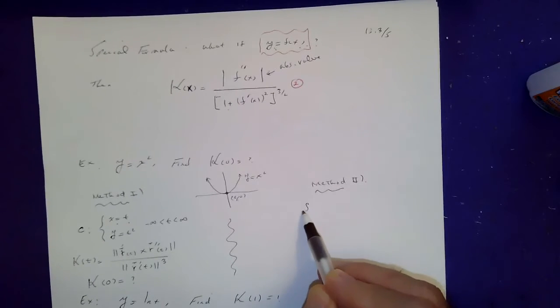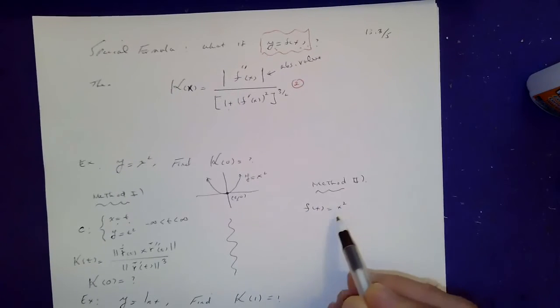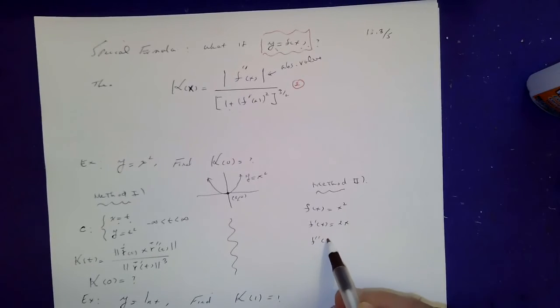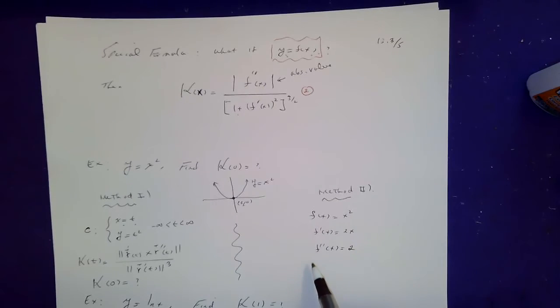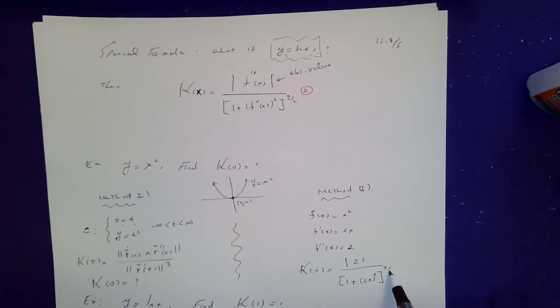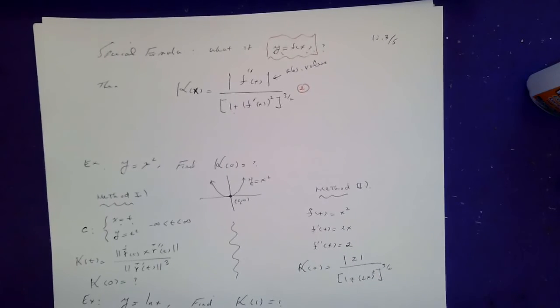So f of x is equal to x squared. So f prime of x is 2x, so f double prime of x is 2, correct? Then you use this formula at 0 to find out what the curvature is. So that would be the absolute value of 2 over, and the denominator is 1 plus (2x) squared, and then the entire quantity to the power of 3 halves.